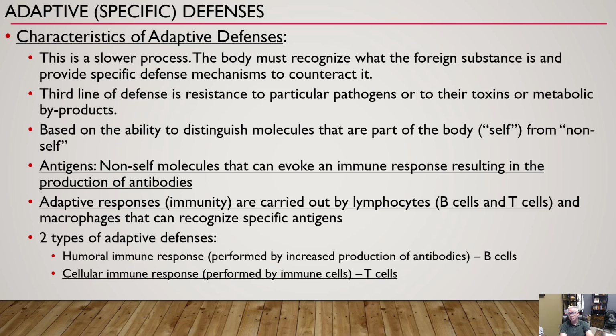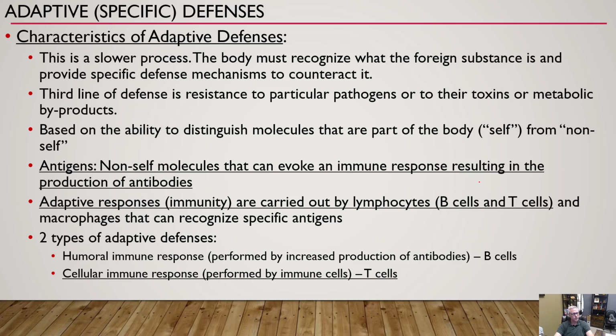So we have now an antigen-antibody reaction, and that's going to be more on the B cell side. And then we also have this thing called cellular immune response, which is going to be performed more by immune cells, and that's going to be more on the T cell side. And we'll talk about the T cell side first. I think that the B cell side, the humoral immune response, is easier to understand than the T cell side, but we'll talk about the T cell side first.